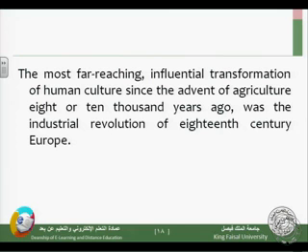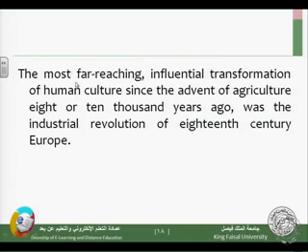First of all, before we talk about England before the Industrial Revolution, you have to know that the Industrial Revolution had very strong effects. See the word I'm providing here: influential transformation of human culture since the advent of agriculture 8 or 10,000 years ago.